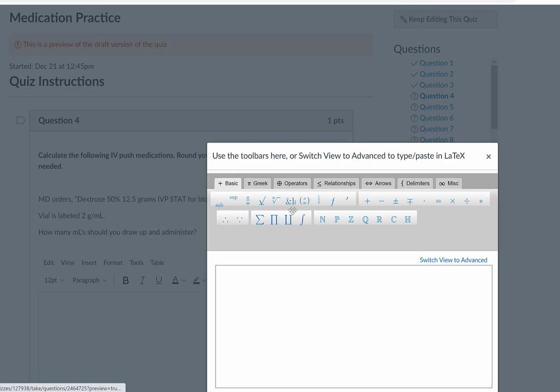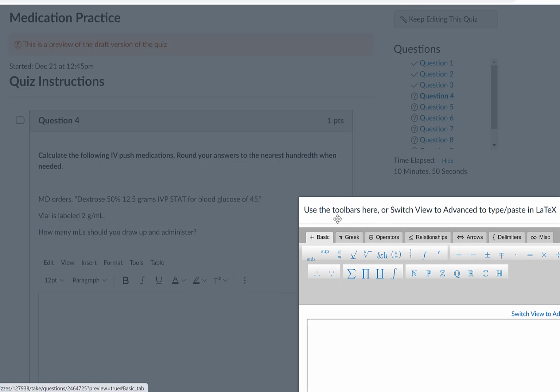So same thing is going to happen. I want to know how many mLs for my dose for my D50. And what do I know about mLs? I know for every ml there's 2 grams. And I will know that I want to give 12.5 grams for this dose.